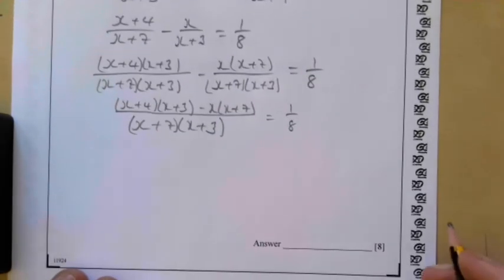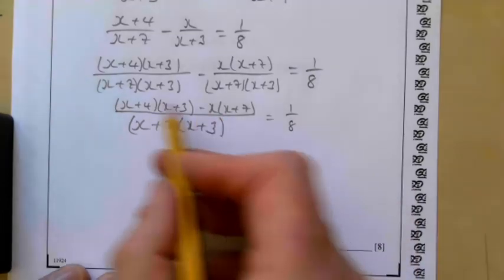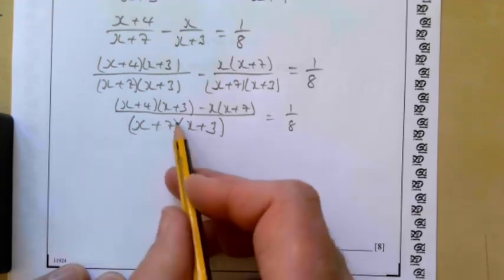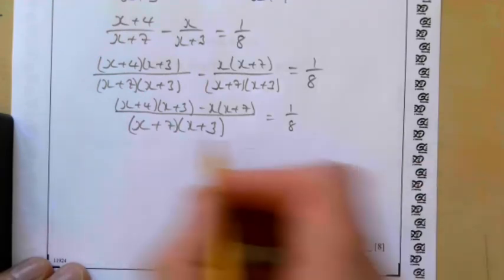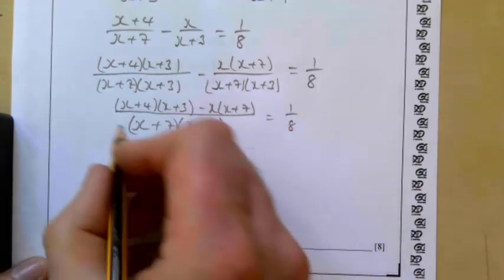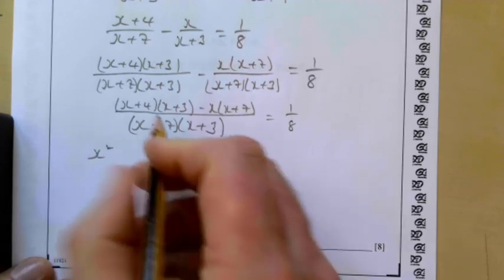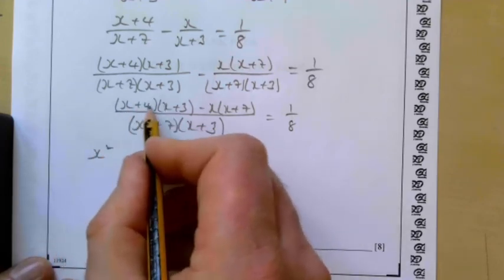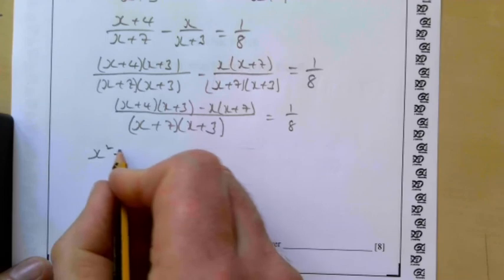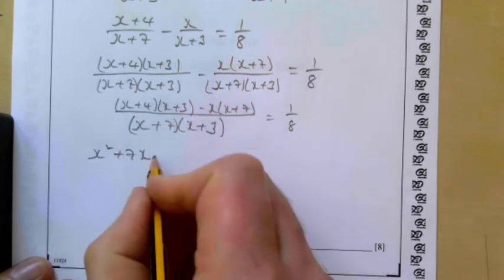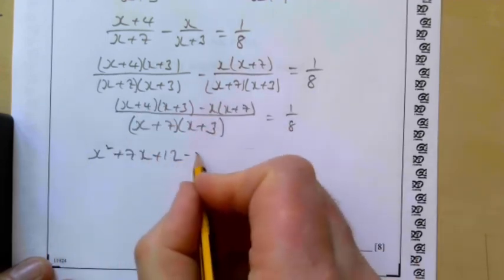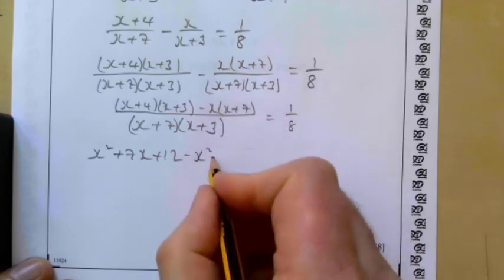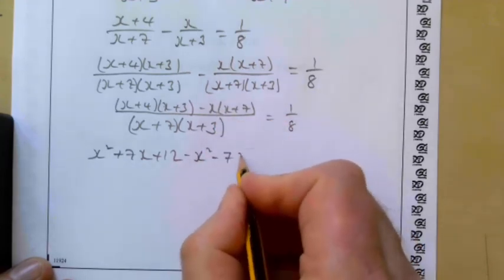I might run out of space here, but it should be okay. Multiplying this out and multiplying through by your bottom line. So here we're going to have, I'm going to do FOIL, x times x is x squared. Outer and inner give me 7x plus 7x plus 12 minus x squared minus 7x.